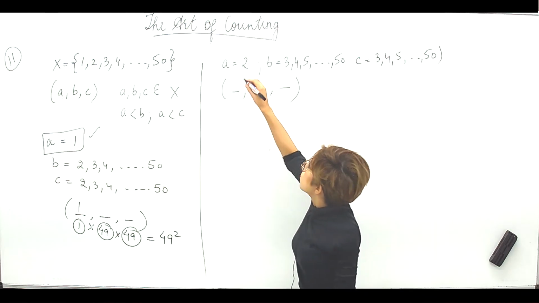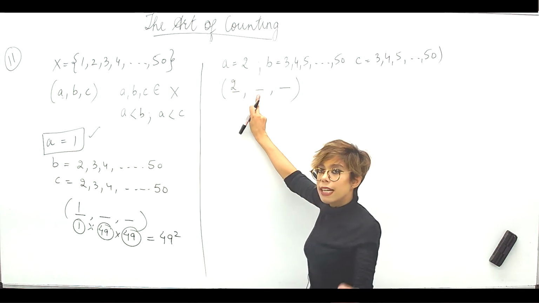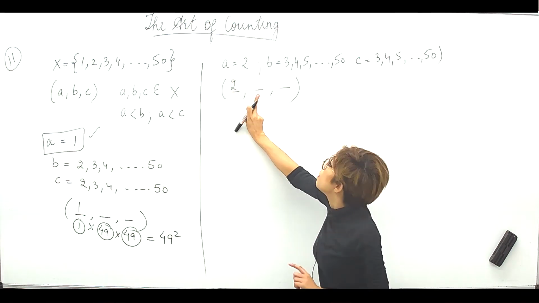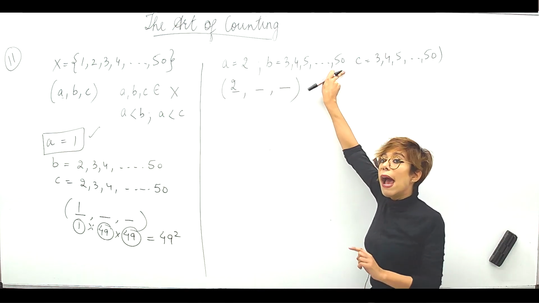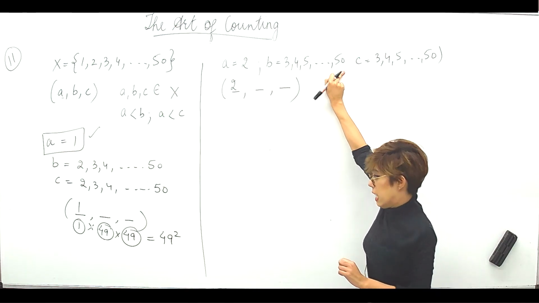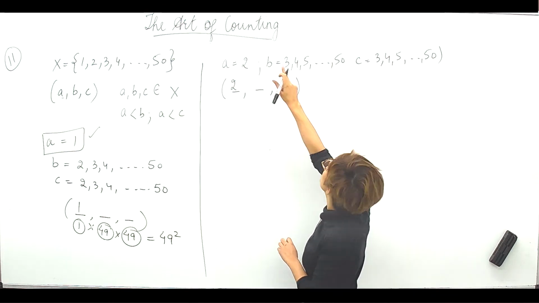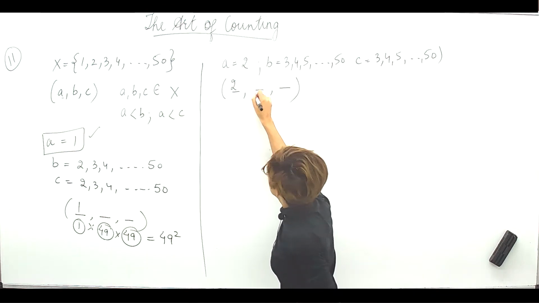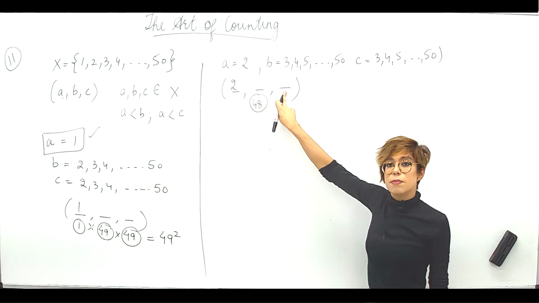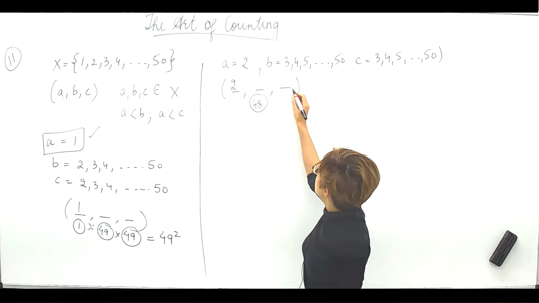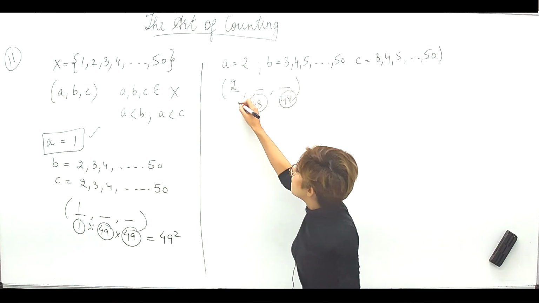So A is 2 here. Now, how many possibilities are there for B? 3 to 50, that is 48. Similarly, for C, I have 48.